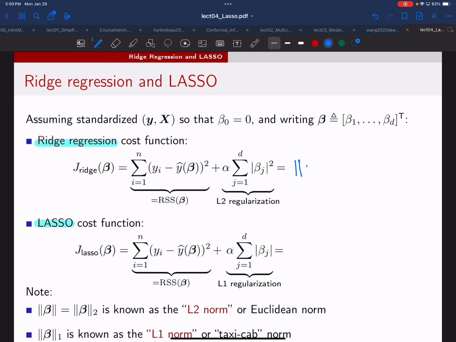So what we can do is stack all our y samples into a vector, bold y, and put all our training samples into this matrix X, with our beta coefficients there, and this is the Euclidean norm.